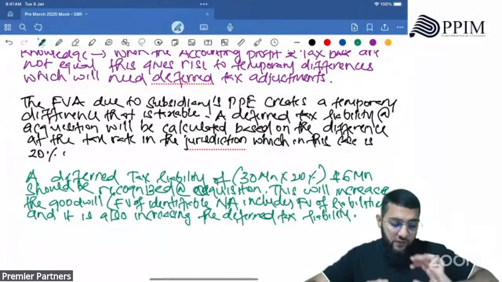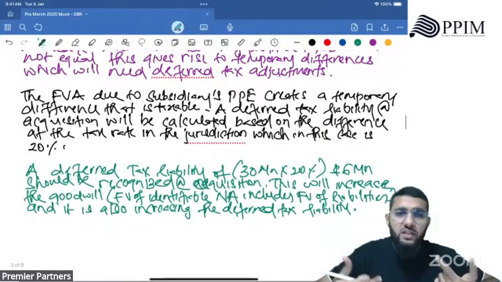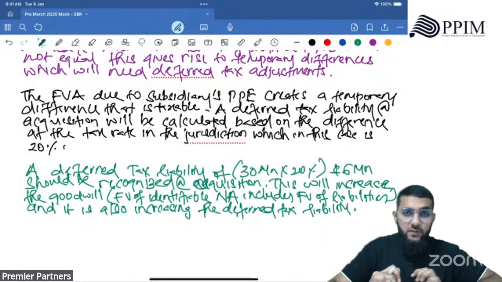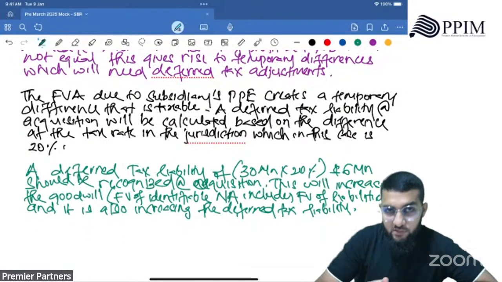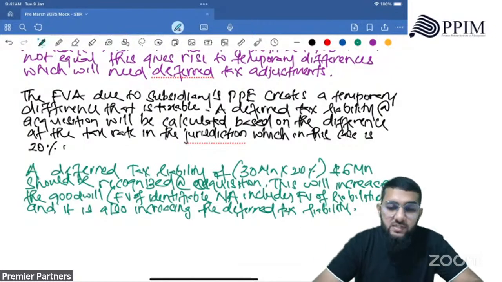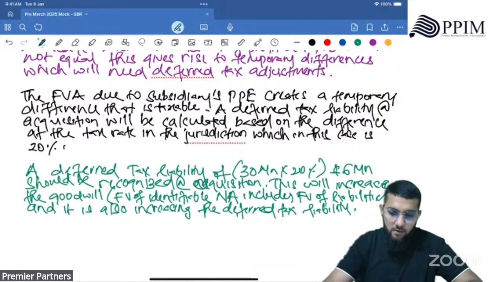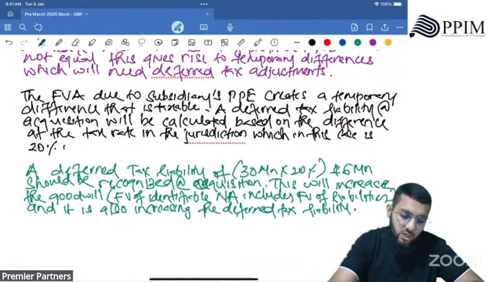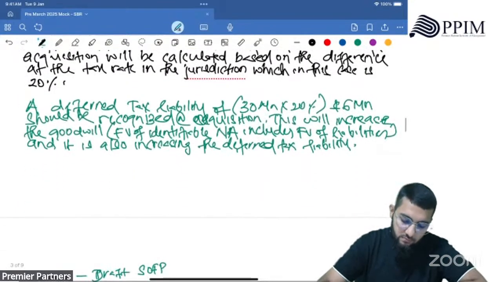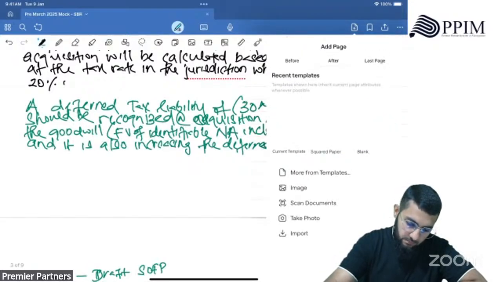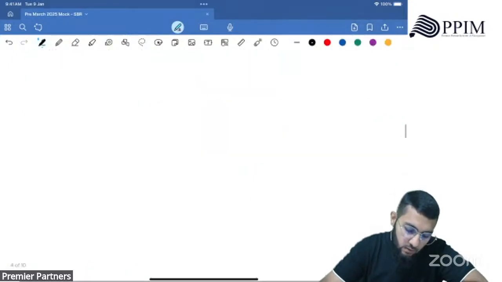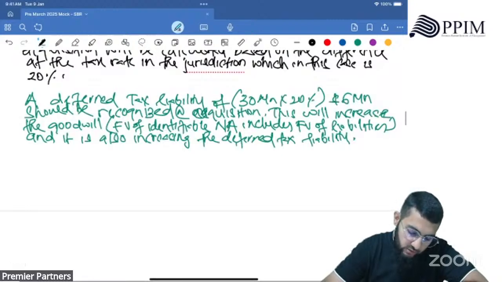Now, this deferred tax itself, there is a further issue to identify. Deferred tax increases and reduces every year depending on the temporary difference change, right? So again, there is a subsequent change here.